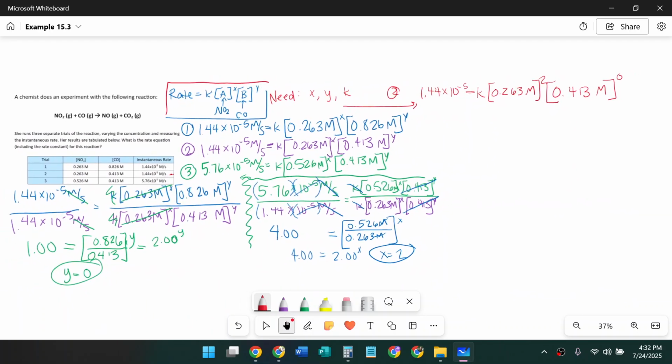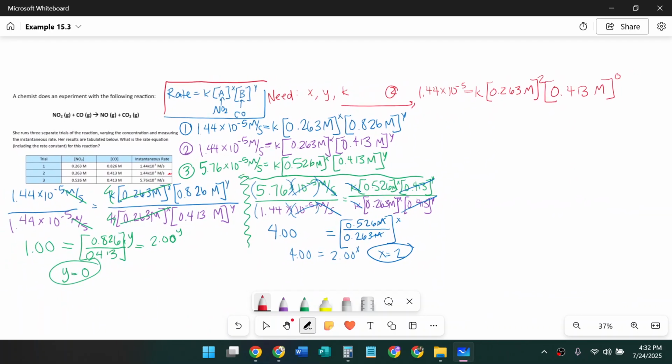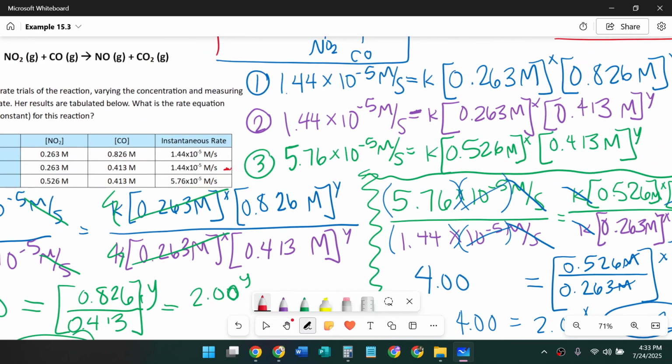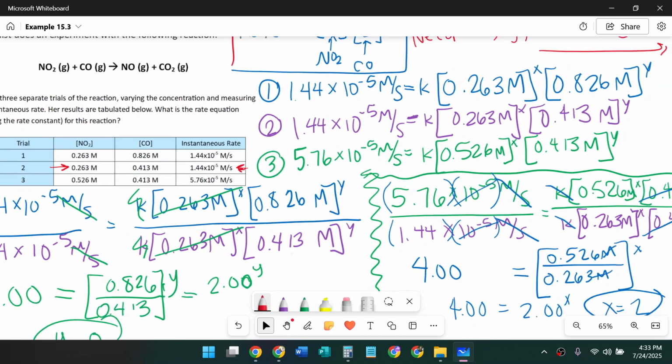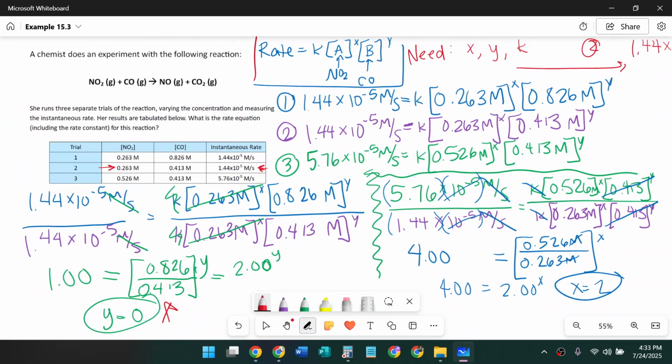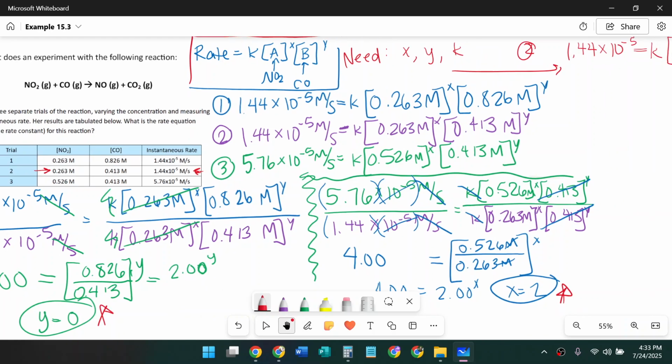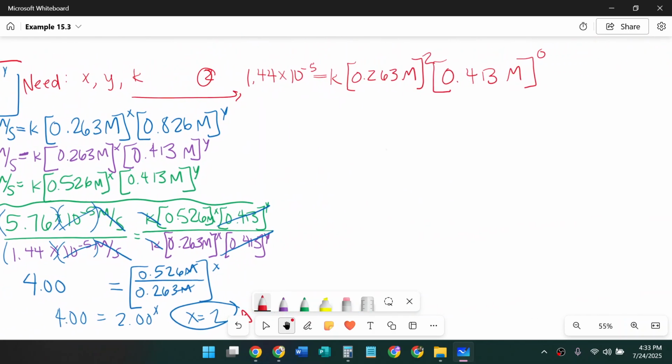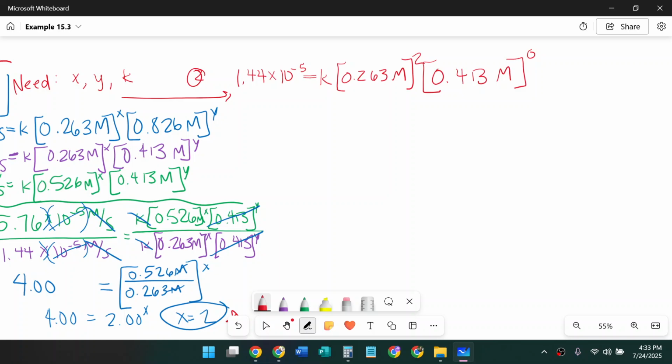All right, so you see where I got all the numbers from? The numbers that I put in for the bracket M, the molarity, and the instantaneous rate came from this row. My y came from here, my x came from here, and then my k is the thing that I don't know. Now, we just discussed this. Anything raised to the 0 power is 1. So this whole thing right here is just going to be times 1.